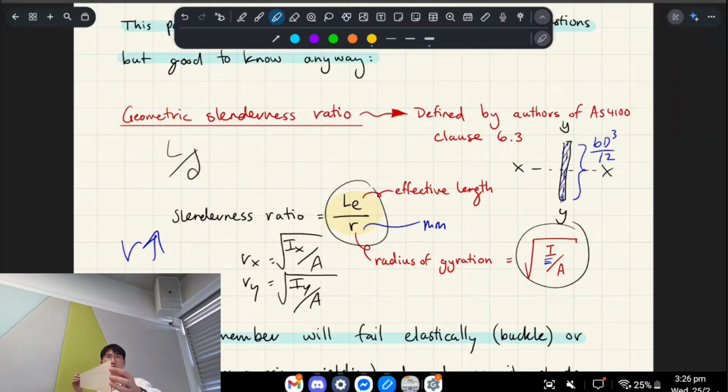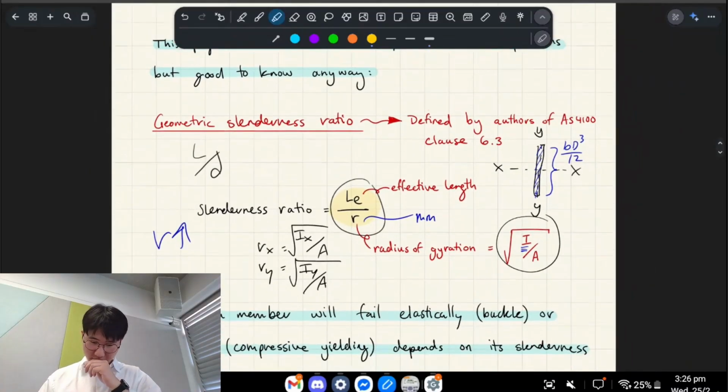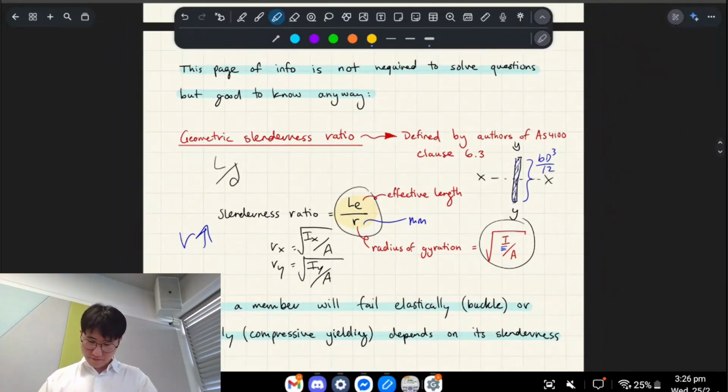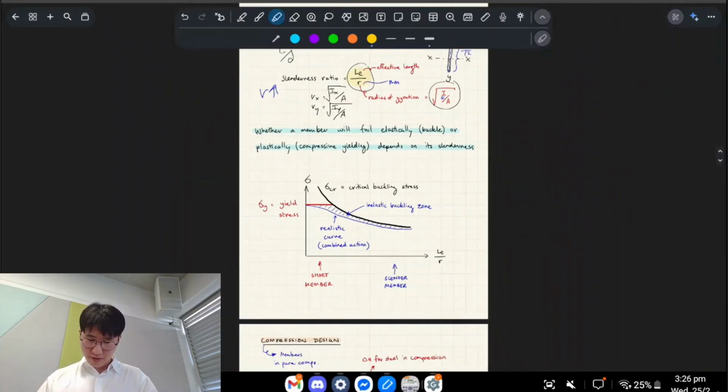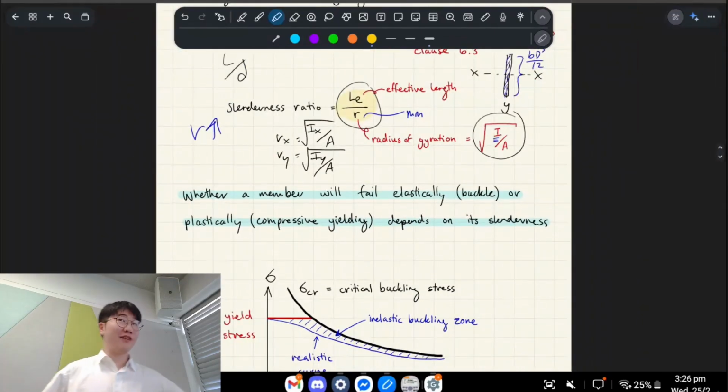Whichever one is lower is more slender and is the minor axis, yeah. Okay. But that's not the full story.